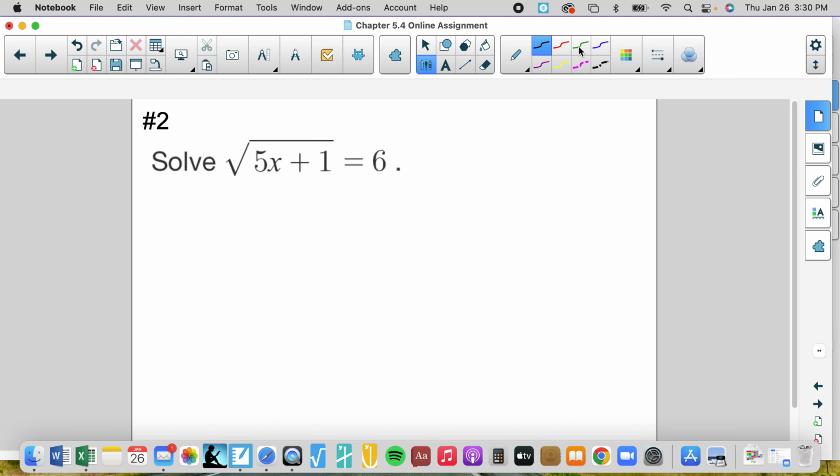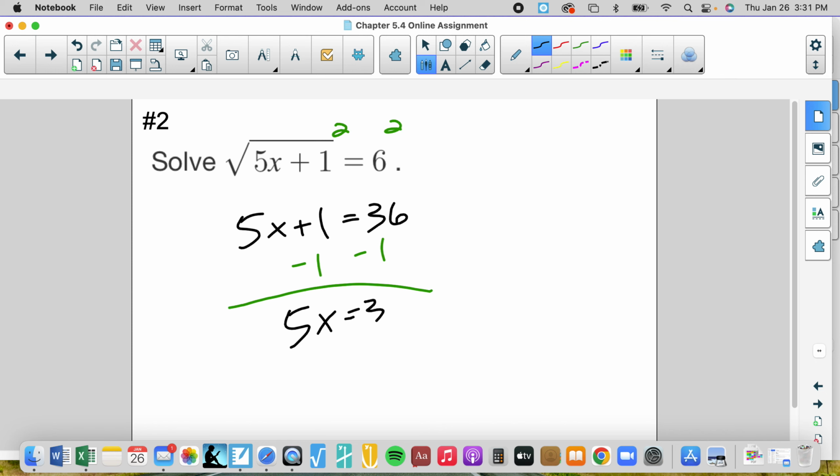We again go here. We can now speed this up a little bit. We're going to square both sides. We're left with 5x plus 1 equals 36. That's nice and easy, very straightforward. Now we're going to solve for the variable. We subtract 1 and get 5x equals 35.